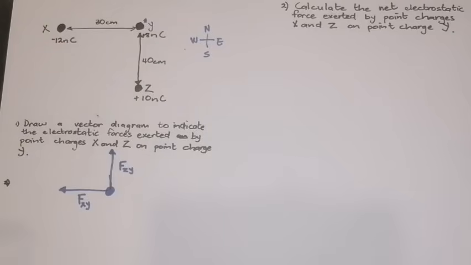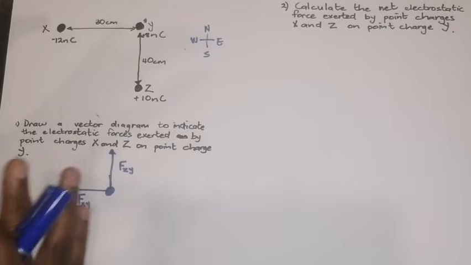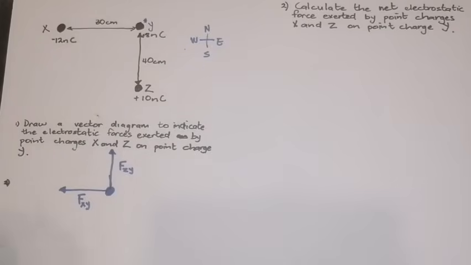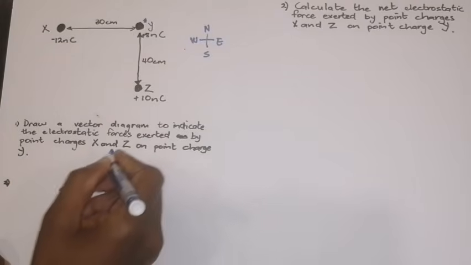However, what I want us to do to complete the question is to also draw the direction of the net force. Now, many a times, this is the mistake that most of our learners make. When you say, all right, show the net force, they would simply connect those two.